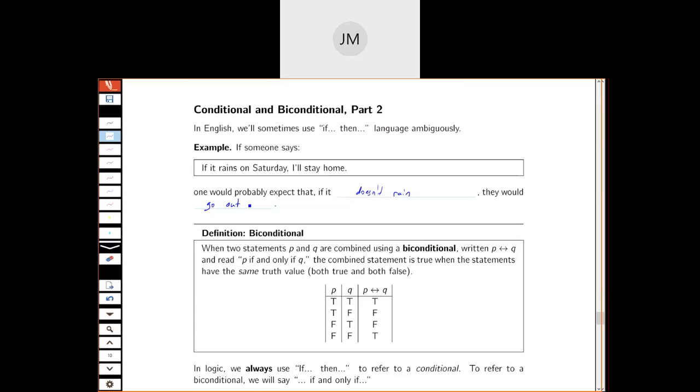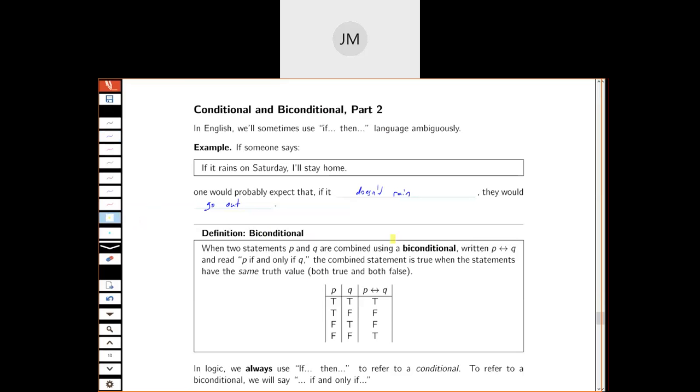So there's something a little extra to that, and what we want to do is make sure that we don't confuse the two. This one is actually called a biconditional statement. When two statements are combined using a biconditional, the combined statement is true when both statements have the same truth value.